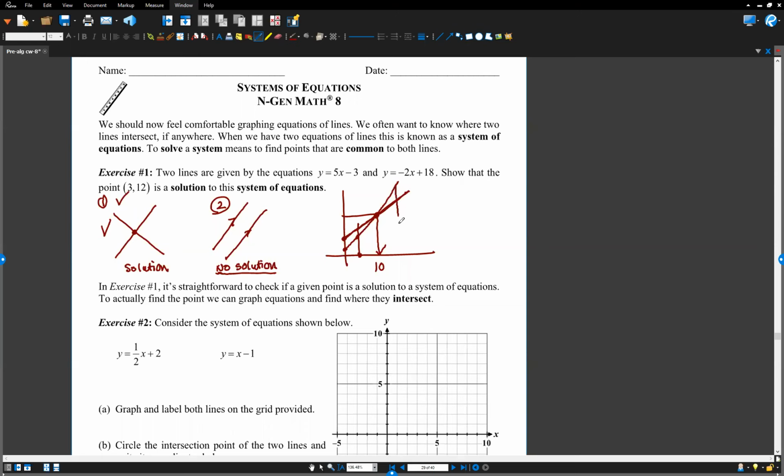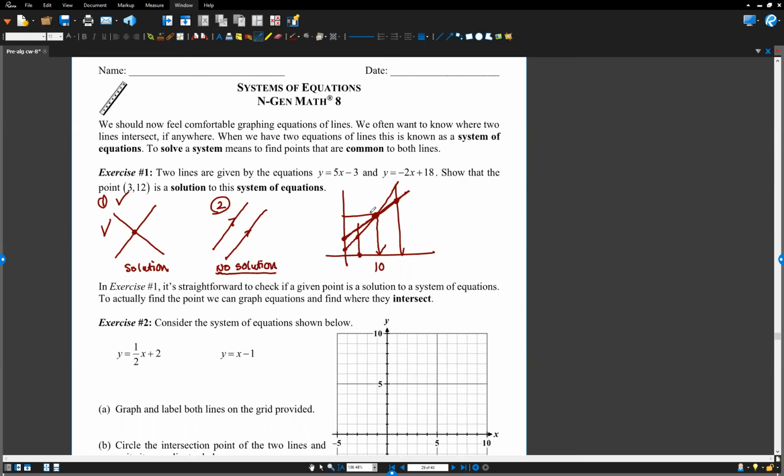More than 10 games, this store is cheaper. That's why this intersection gives us some idea. That's why this is we say a solution, because it gives us something. That's why this point is a solution.